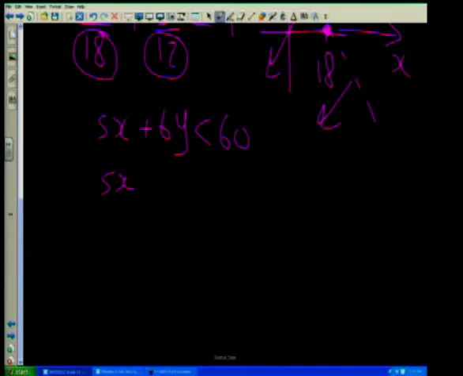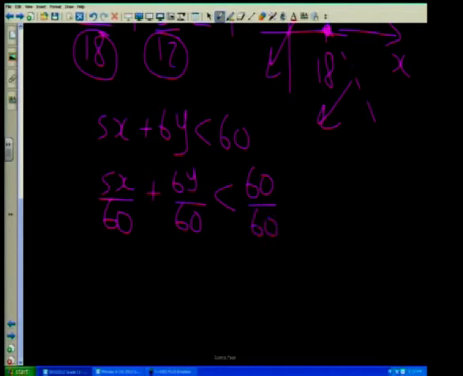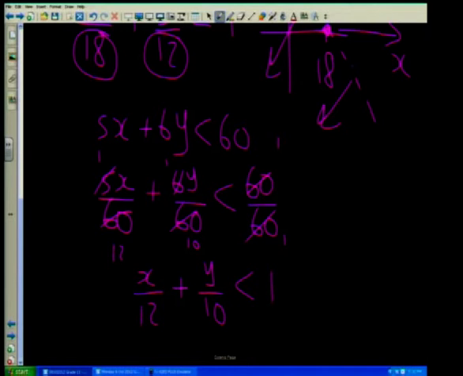So that's 5x over 60 plus 6y over 60 less than 60 divided by 60. Same story. We desired to have 1 on the right-hand side, and 6 goes once, 6 goes 10 times there. 5 goes once, 5 goes 12 times. So we end up with the third form, which is x over 12 plus y over 10 less than 1.